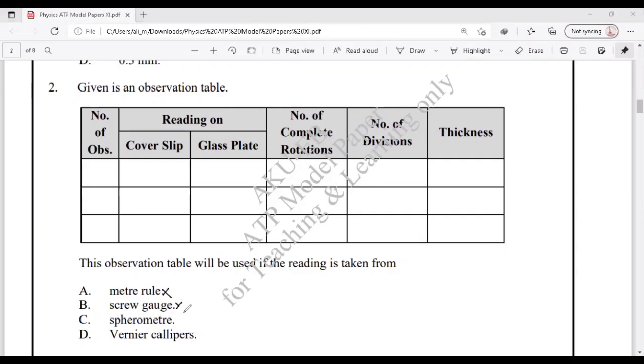These are the wrong options in which we do not use this type of table. So the correct answer for this question number 2 is spherometer. For the use of spherometer, we have an observation table as mentioned in this question.